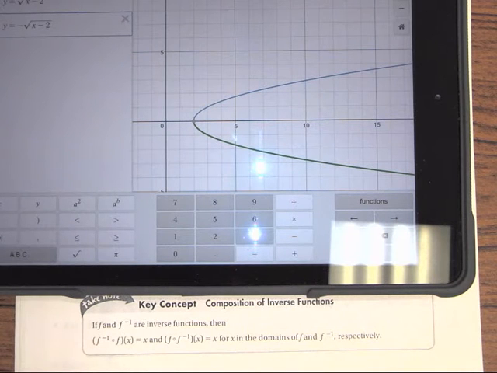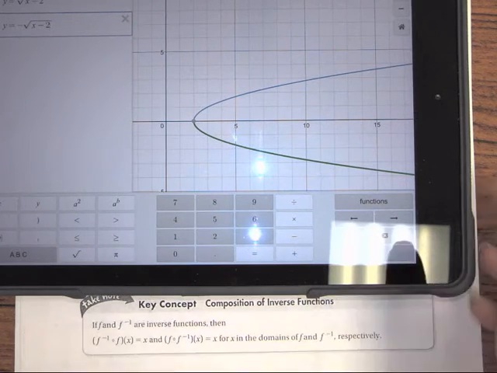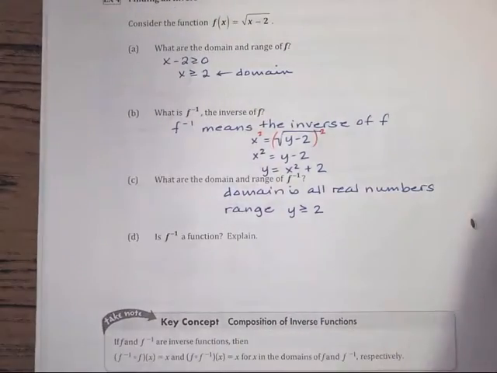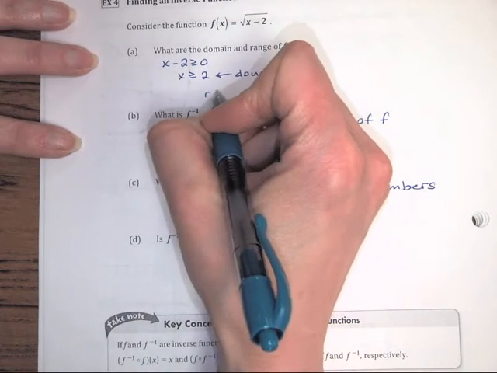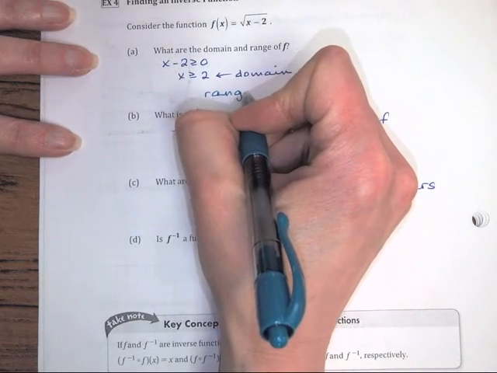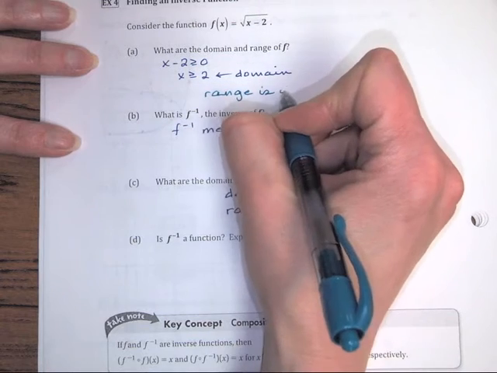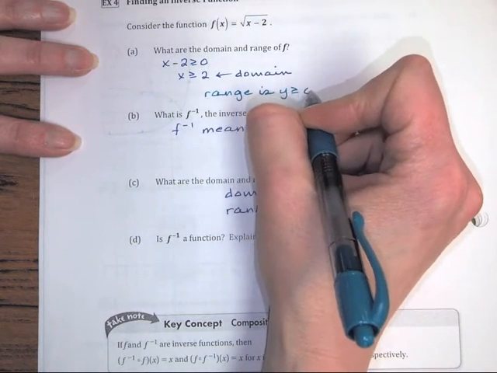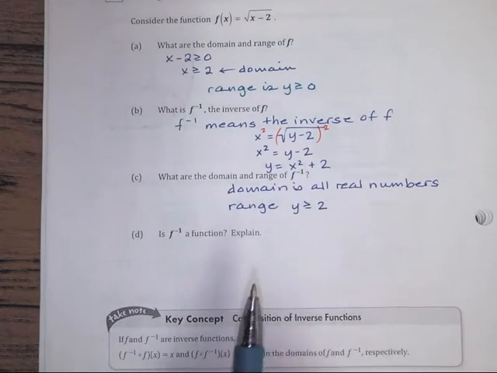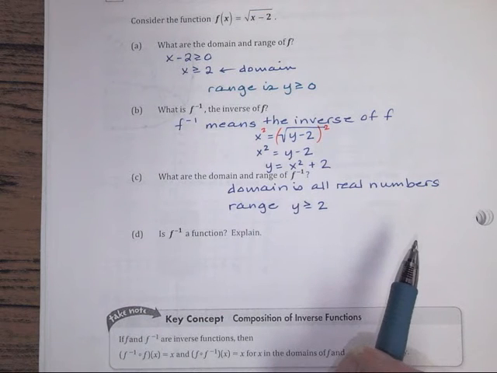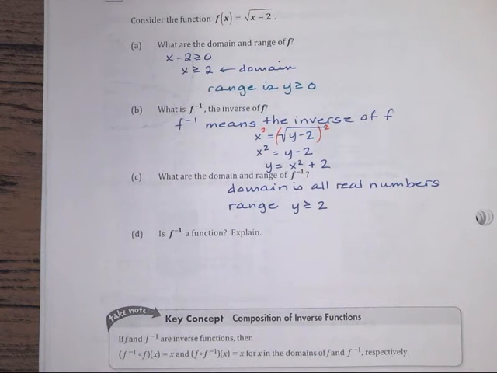Now, that is not a function. Would you agree? Vertical line test. This is not a function. Okay, so let's go back here. Our range is y is greater than or equal to 0. So we've got a lovely little thing here.